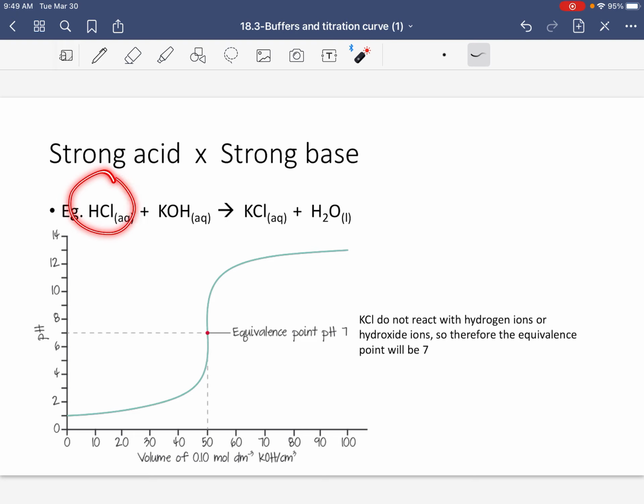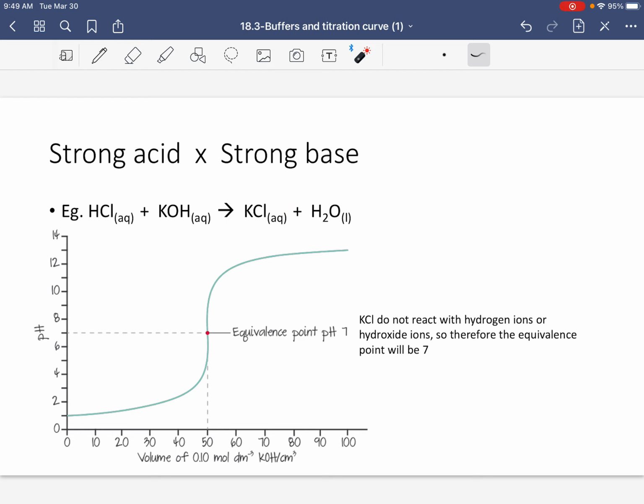And for a strong acid reacting with a strong base, that equivalence point, or that equivalence pH, is usually 7. If you graph this right. Okay? KCl is a salt.